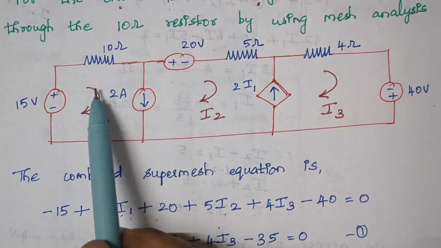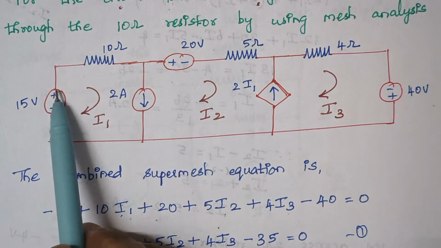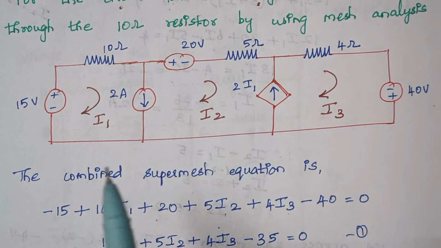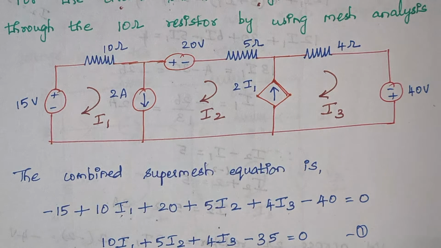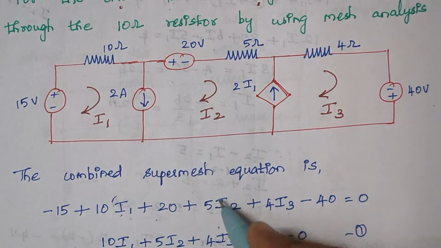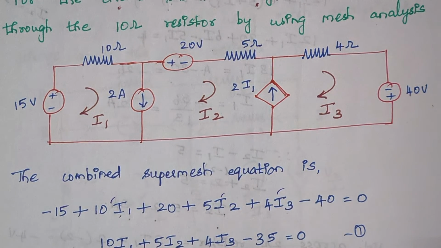The direction is from minus to plus. Again, this is Kirchhoff's voltage law: sum of voltage drops equals sum of voltage rises. Here I have written all the things together, with 10I1, 5I2 and 4I3.